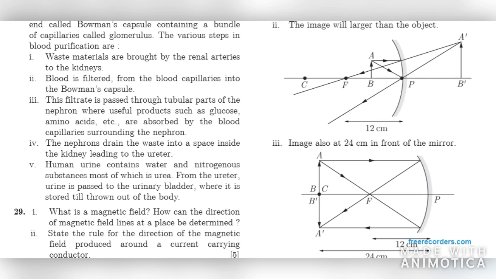So at C we have an image. The image is also at 24 cm in front of the mirror. AB is my object, and you can see A dash B dash is the image formed. The image is also at 24 cm in front of the mirror because it is at C only.